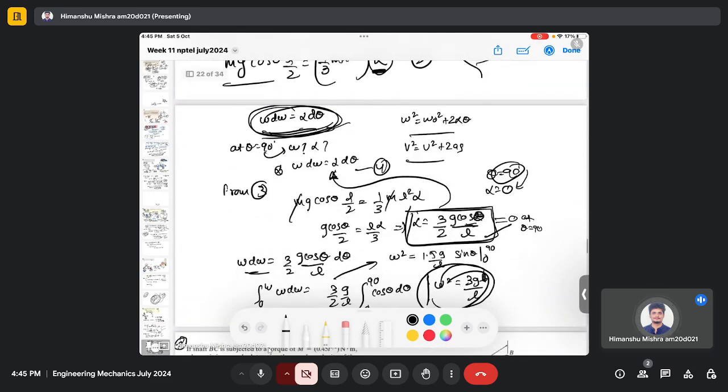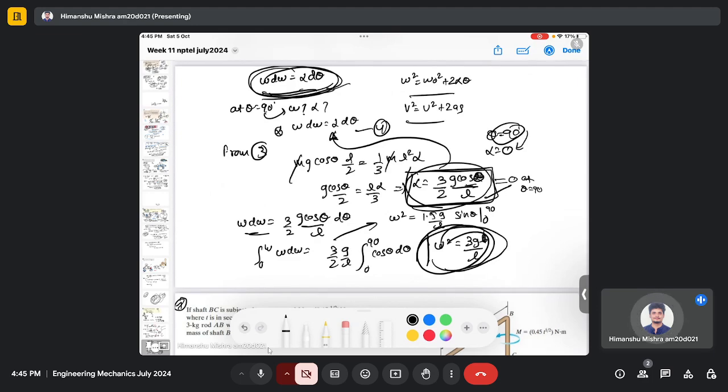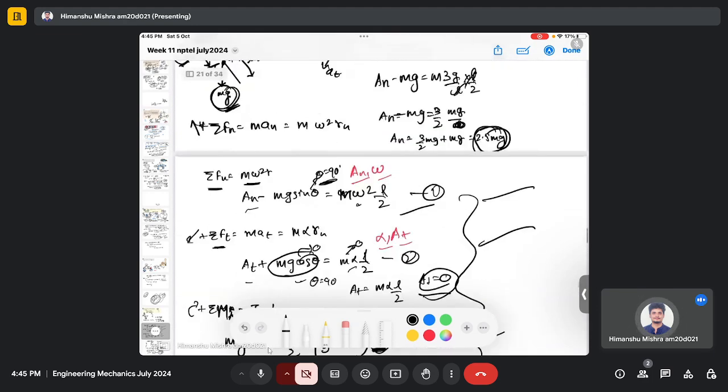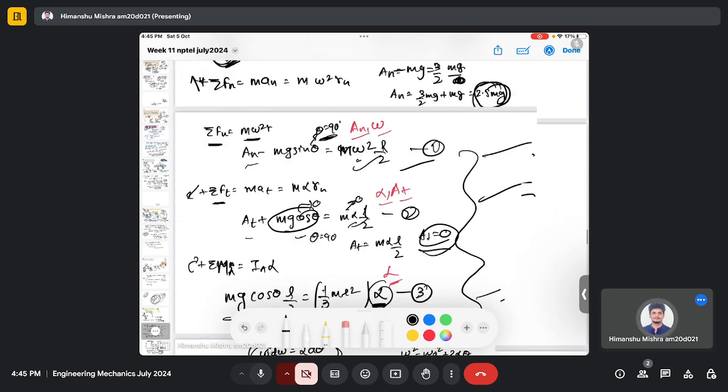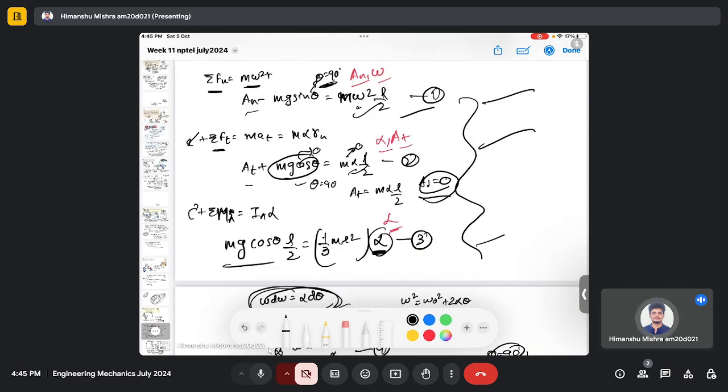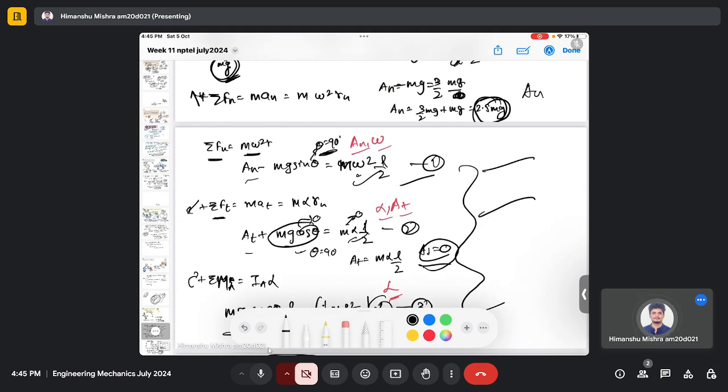So first we found the angular acceleration expression in terms of theta, then we found the omega expression, then we substituted the omega and alpha expressions in equations 1 and 2 to calculate the unknown forces En and At.